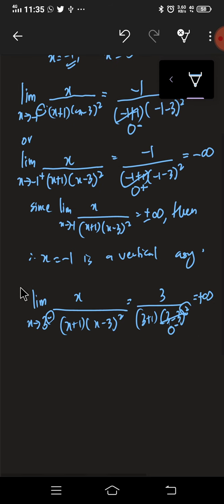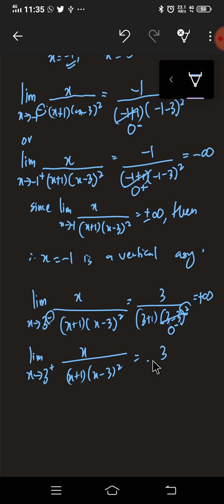So we get positive infinity. Or you can find it when x approaches 3 from the right side. So we get 3 divided by (3 + 1)(3 - 3)², it will be the same. Because 3 is from the right side, it will be 3.1, so this will be 0 from the right side. The square will be positive, so it is still positive.